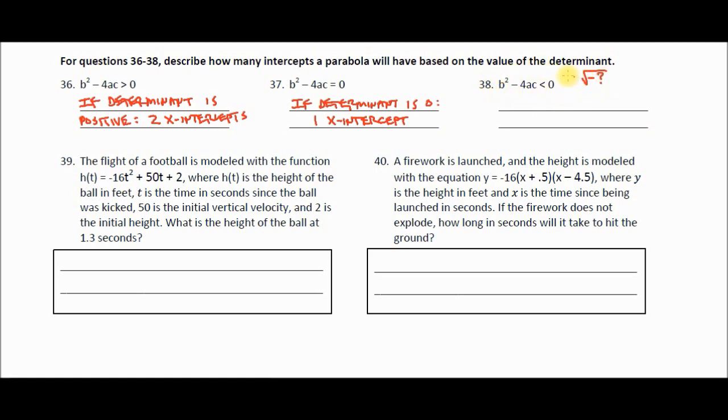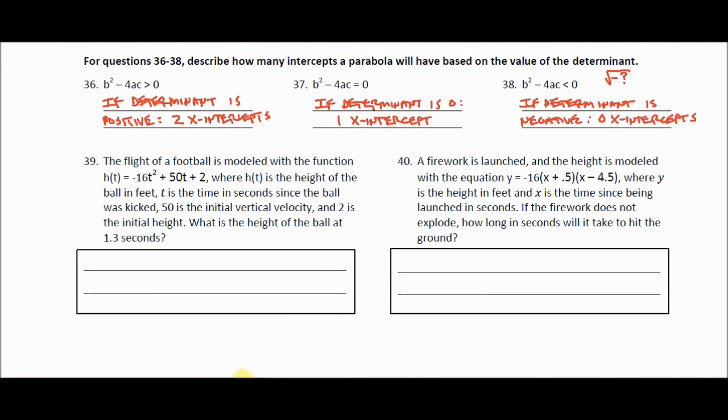You can solve this kind of a question, but your numbers are going to be imaginary, and that means we could say if the determinant is negative, that means we have 0 x-intercepts. The parabola will never cross the x-axis if the determinant of b squared minus 4ac is a negative number. All right, let's get to some word problems.